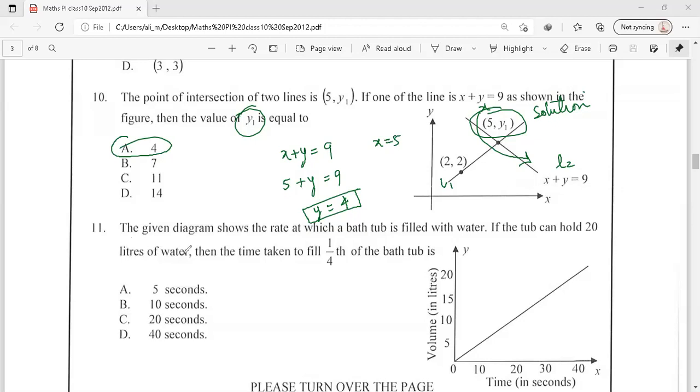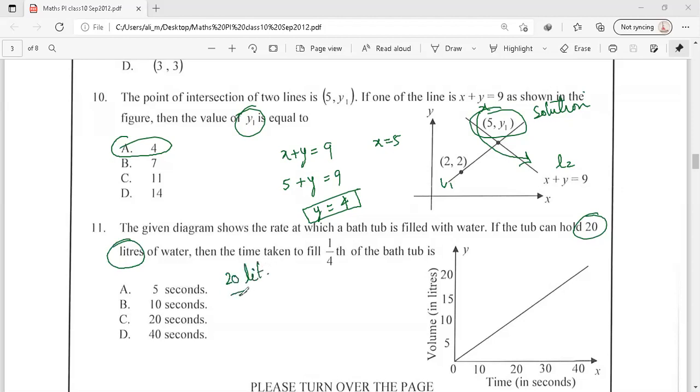In question number 11, the given diagram shows the rate at which the bathtub is filled with water. If the tub can hold 20 liters of water, then the time taken to fill one fourth of the bathtub will be. So from the question, we can see that the capacity of the bathtub is 20 liters.